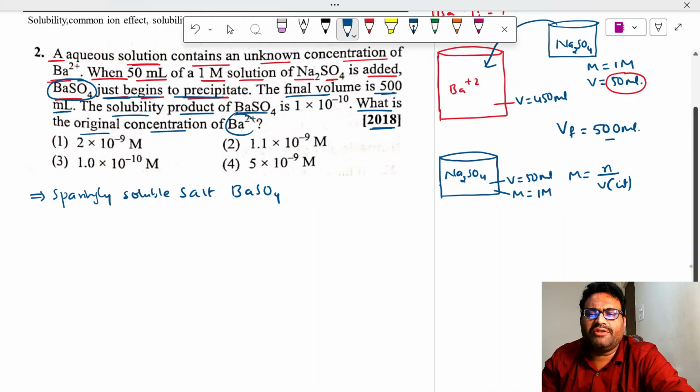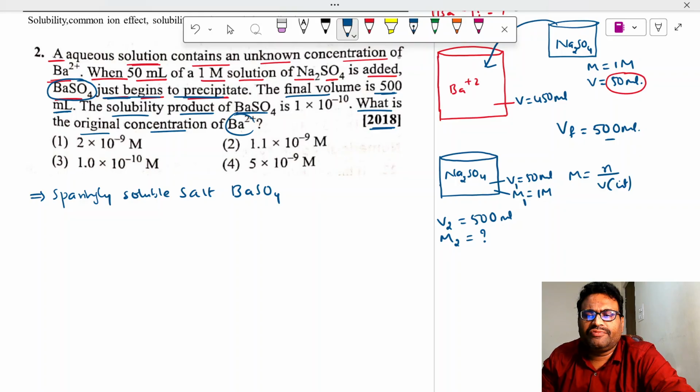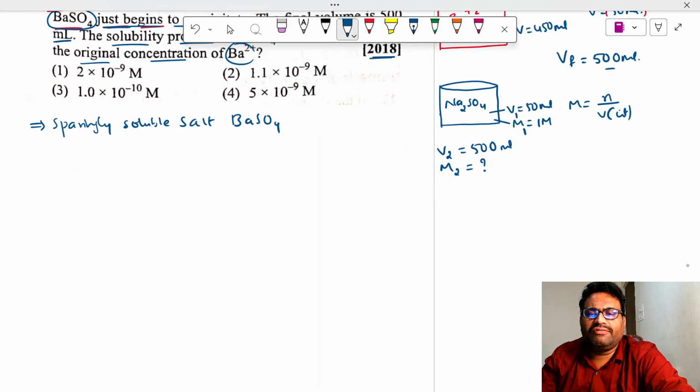So from the concept of dilution, we know that M1 V1 is equal to M2 V2.